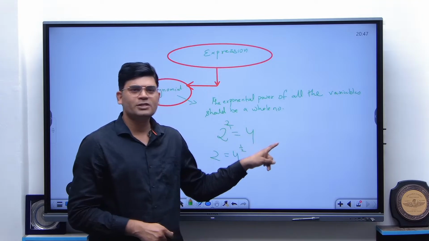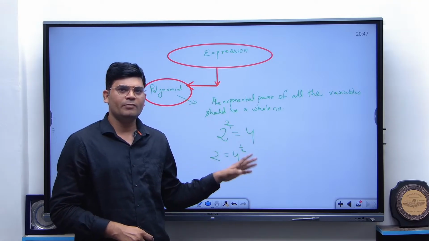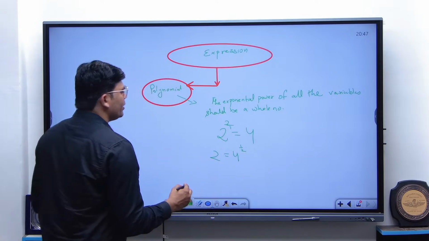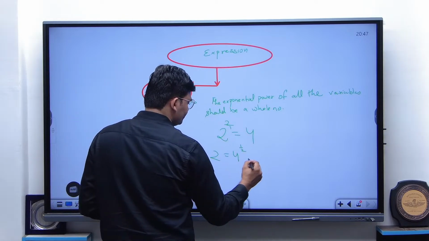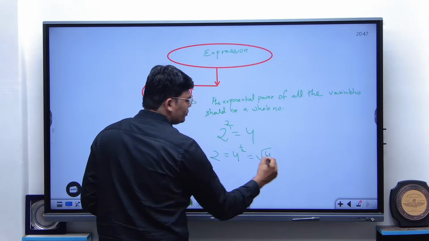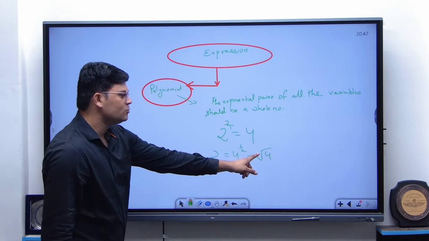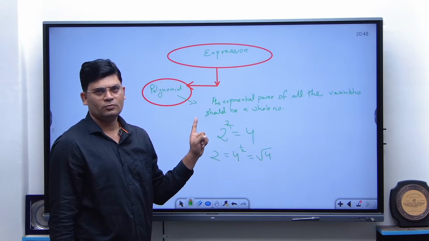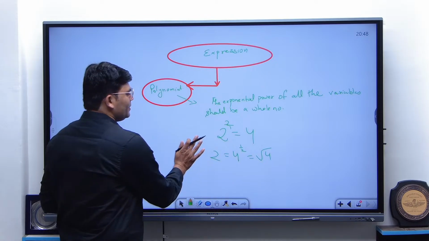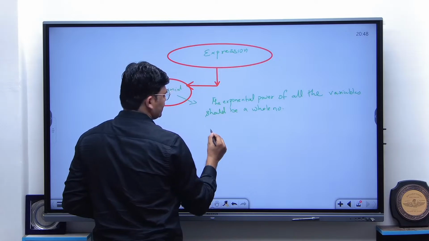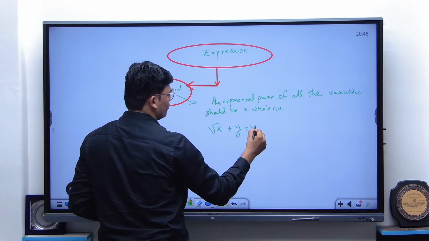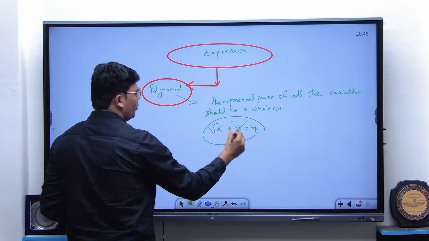So when we are switching the number, switching the variable or anything, the sign is changed. So now you have understood that same can also be written as root 4. So this square root is represented as exponential power of 1 over 2. Alright. So if I write under root x plus y plus 4, this is not a polynomial.